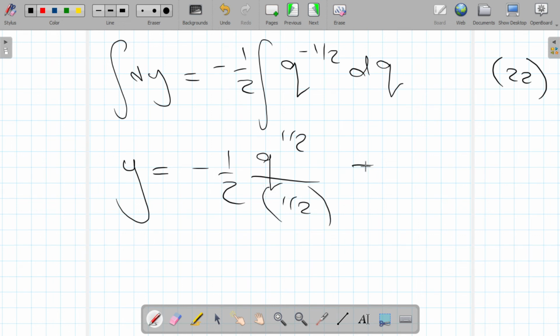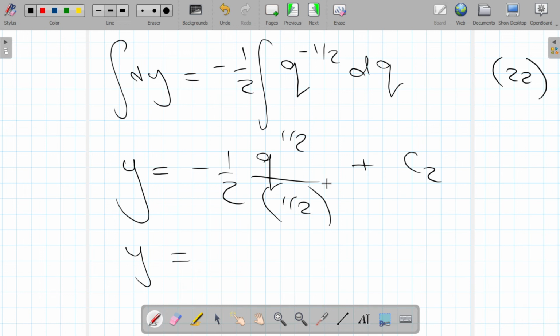And then you add a constant on, and this time we'll leave it as plus c2, not minus c2. It's a little bit of tweaking I'm using that will become evident. Now, this can be simplified to give y equals, well, we've got basically a half divided by a half, which is 1.